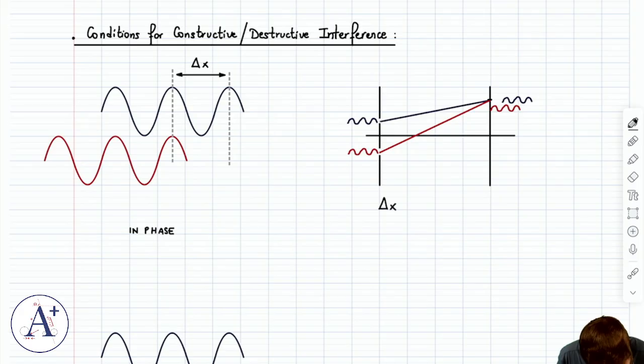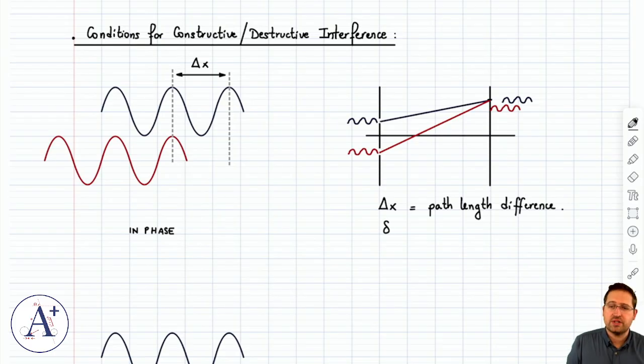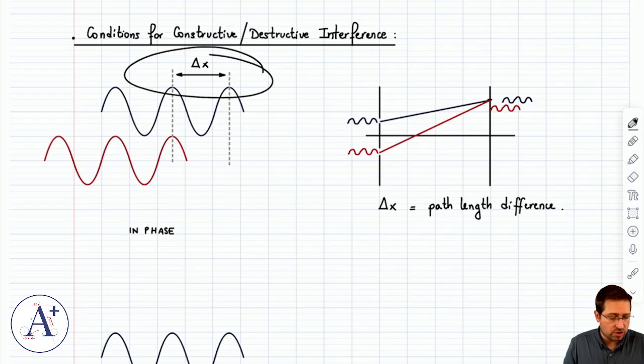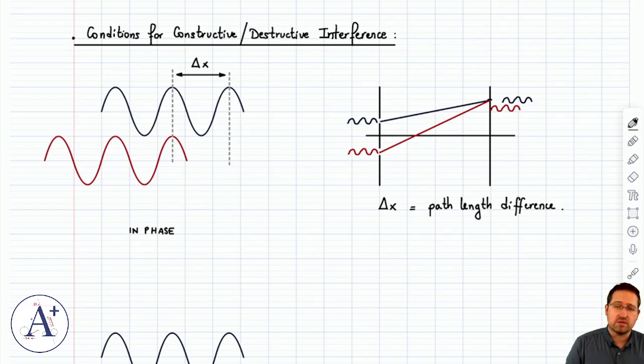And delta x is called the path length difference. Now, sometimes it's called little delta, like this, same thing. The point is, it tells you how much longer this path is compared to this one, and at the end of the day, it tells you how shifted your blue wave is relative to your red wave.